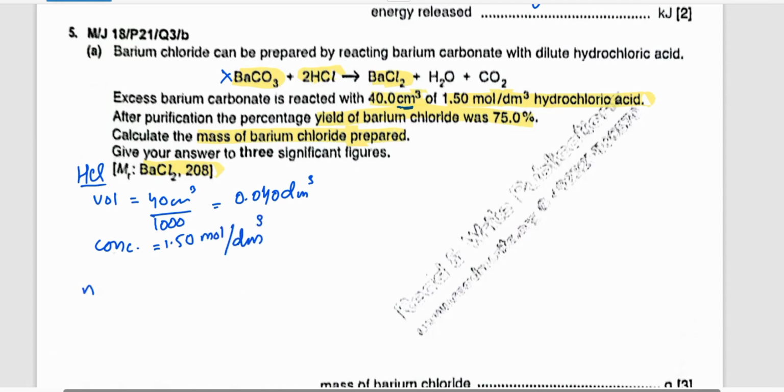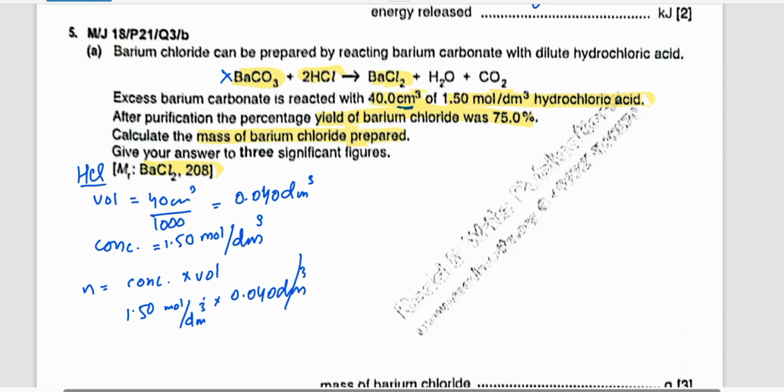What we have to find: number of moles is equal to concentration multiplied by volume. So the concentration is 1.50 mole per dm cube multiplied by the volume 0.040 dm cube.